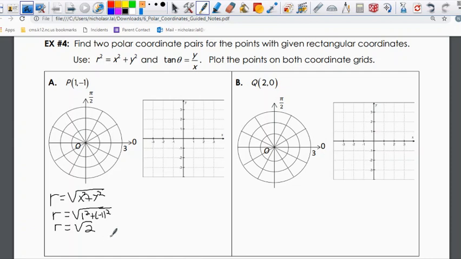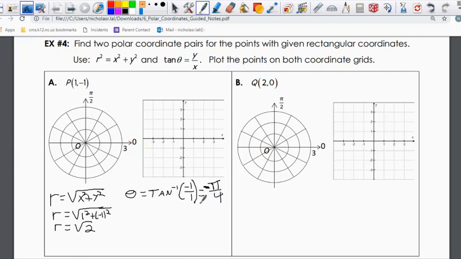All right? Our theta is going to be equal to the inverse tangent of negative 1 over 1. So theta is going to be equal to negative pi over 4, because the inverse tangent of negative 1 is equal to negative pi over 4.